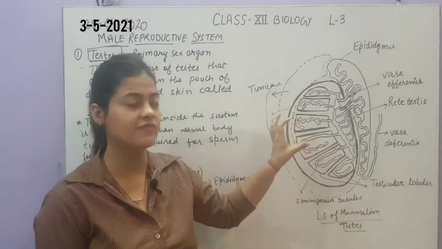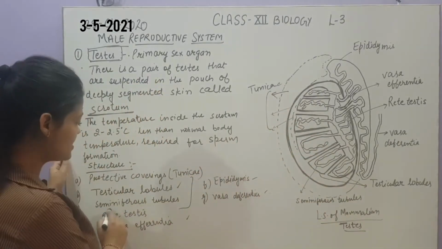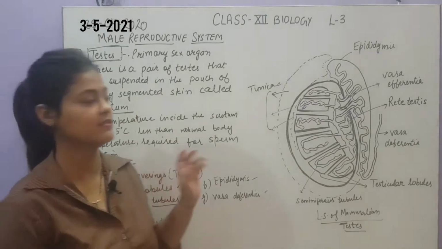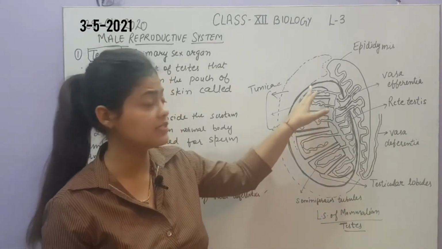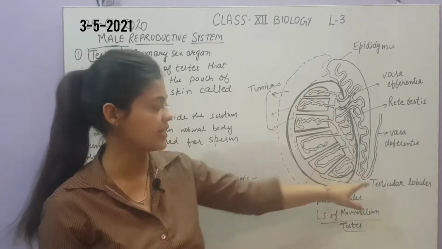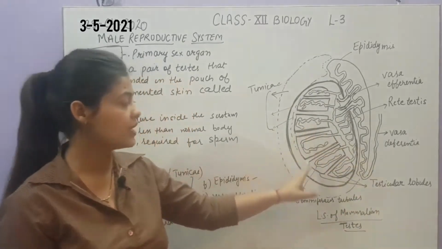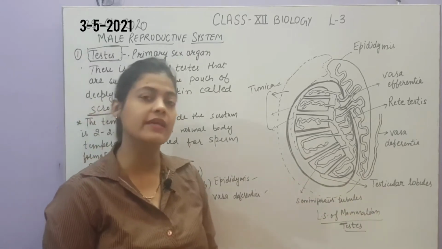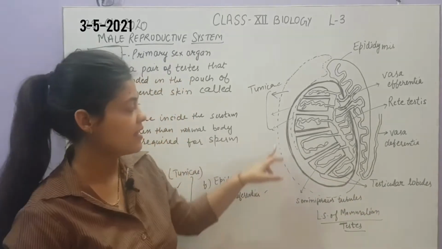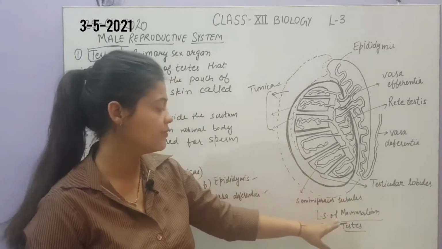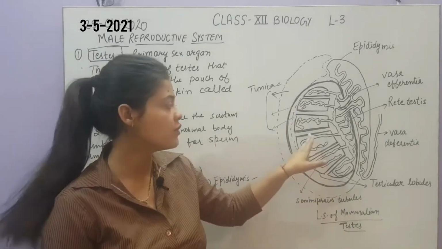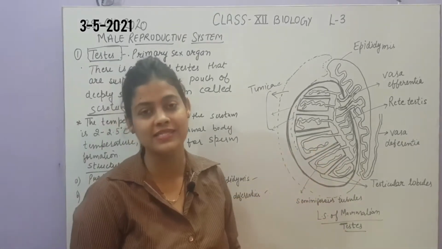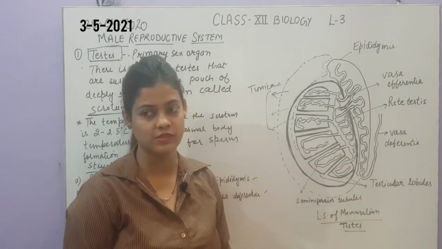Because they have a specific structure in them called seminiferous tubules. You can see here the coiled structures present inside the testicular lobules. There are around 250 testicular lobules present in one testis, and each testicular lobule carries 1 to 3 coiled tubules called seminiferous tubules.